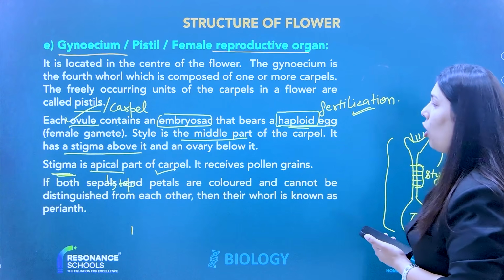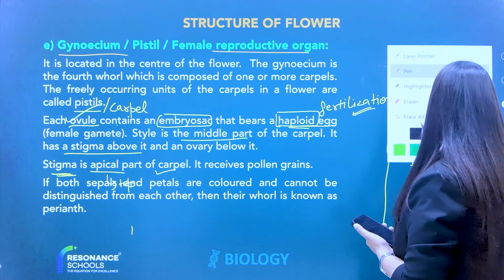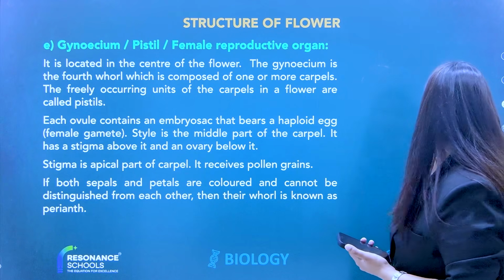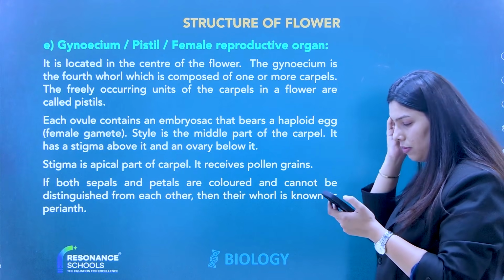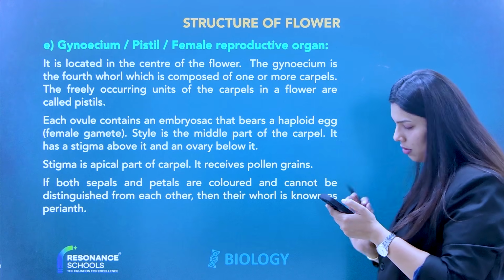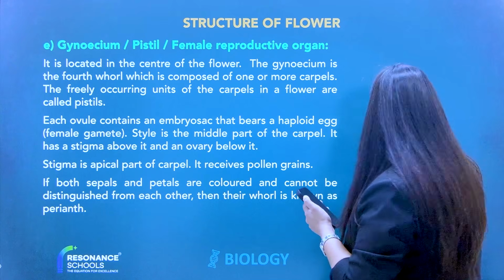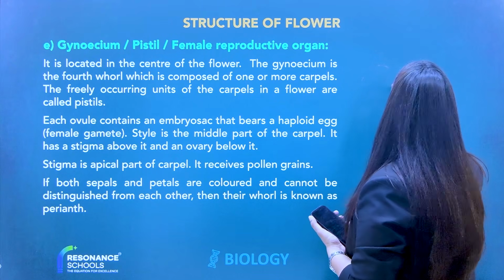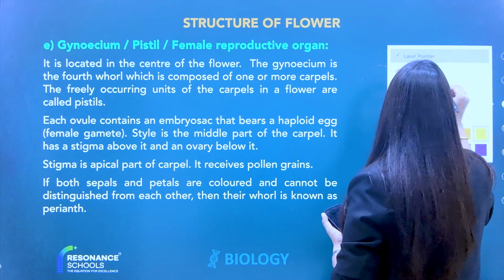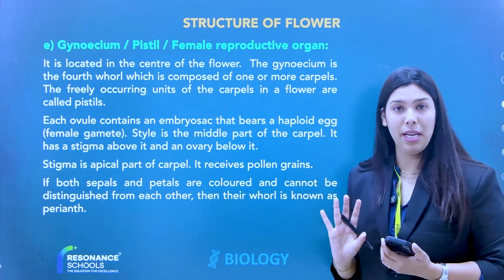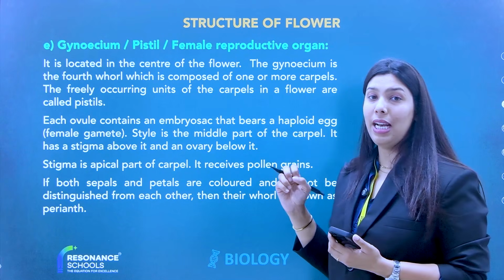Now there is a condition. Up till here, we understood. Up till now, we have given the recap of the different parts of the flower. After that, we are reading only the female reproductive parts.